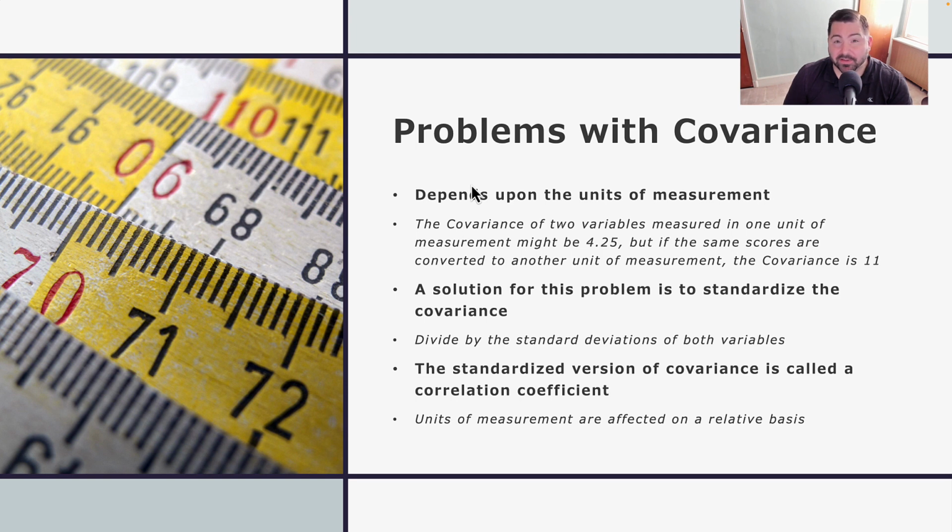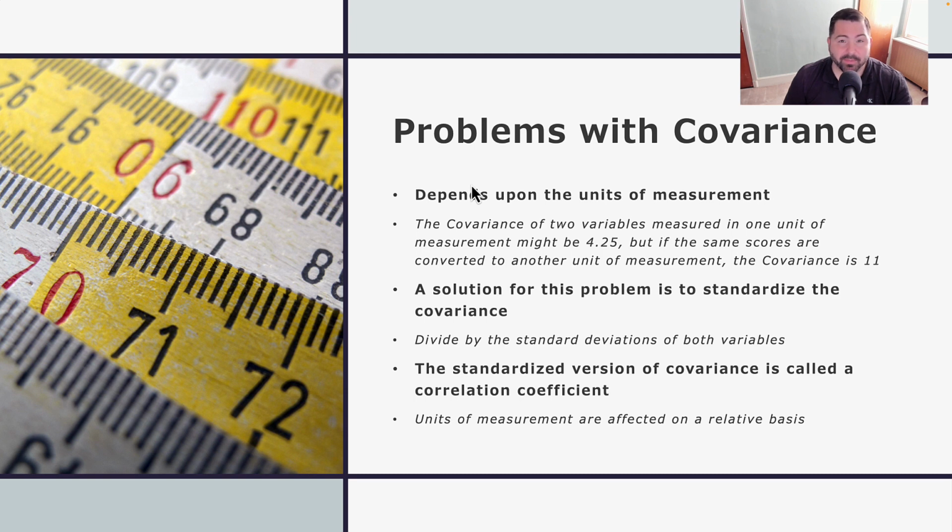A good example in the health sector would be looking at something like cholesterol. You can represent cholesterol in milligrams per deciliter, or you can measure cholesterol in terms of millimoles per liter. And so what this is really flagging here is that depending upon if you're representing your data in milligrams per deciliter or millimoles per liter, your covariance might be dramatically different.